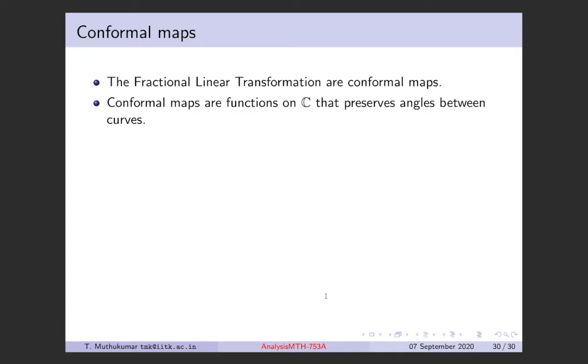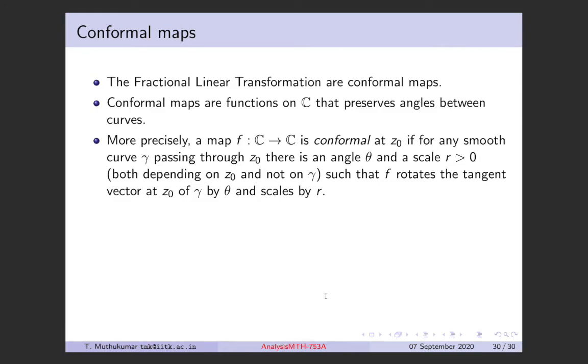If you have two curves intersecting at a point, then the angle between the curves is precisely the angle between the tangents at that point. The precise definition of conformality, like your continuity and derivative definitions, is local. It is defined at a point. We say it's conformal in a region if it's conformal at every point in the region.